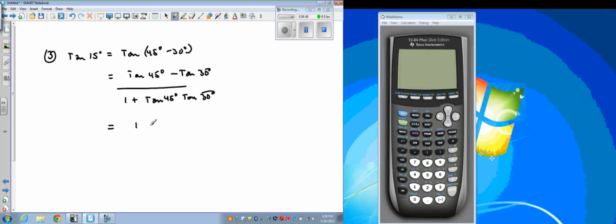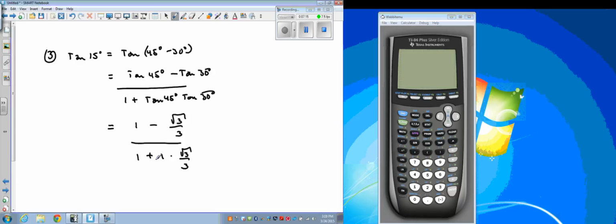That's 1 minus, tangent 30 is the square root of 3 over 3, over 1 plus the square root of 3 over 3. Isn't it?